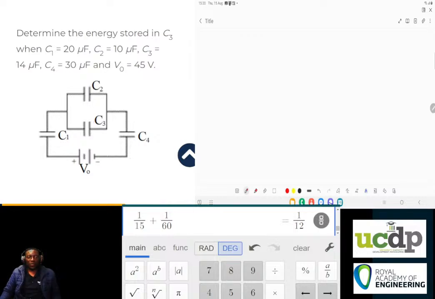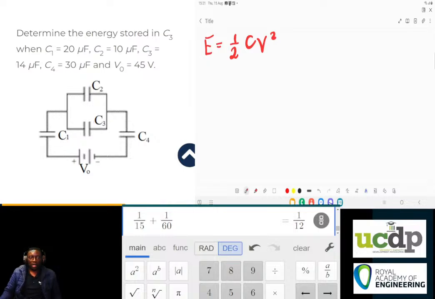So, which means for us to find that voltage, already we know our supply voltage is 45, and we know our energy is half of what? CV squared, right? So, since we have the value for C3, we need to find at least the voltage across C3.